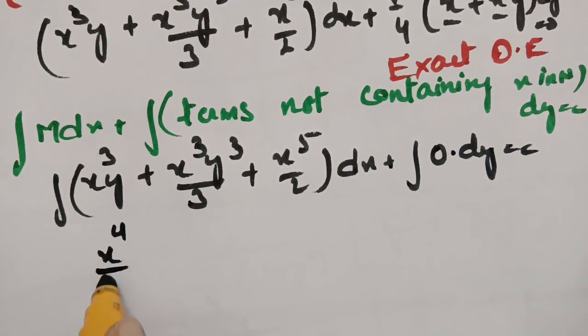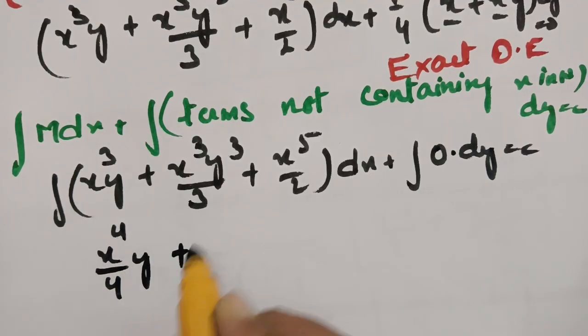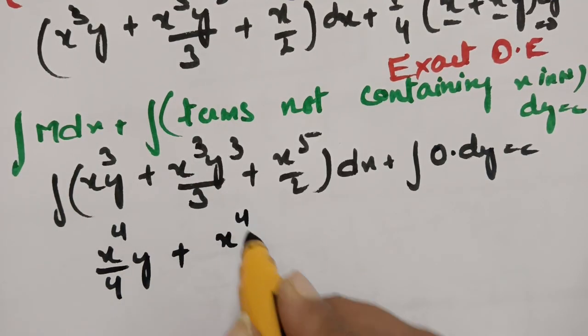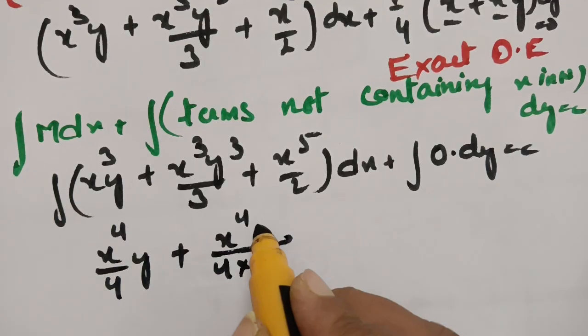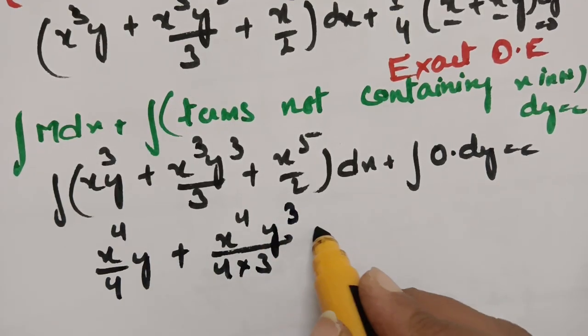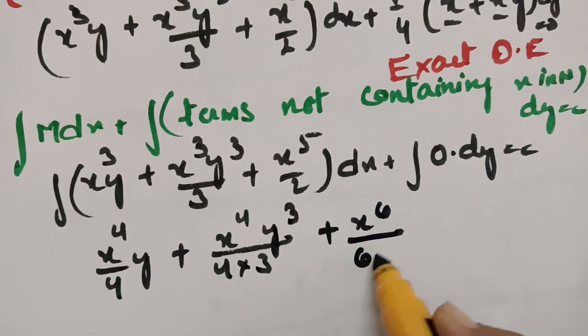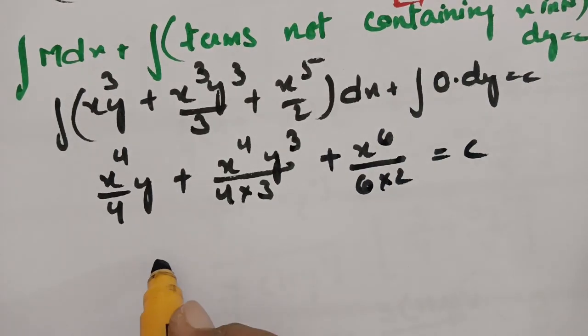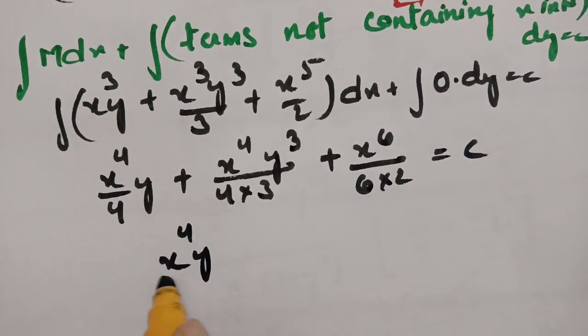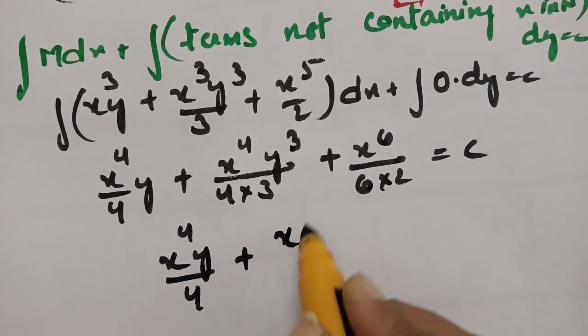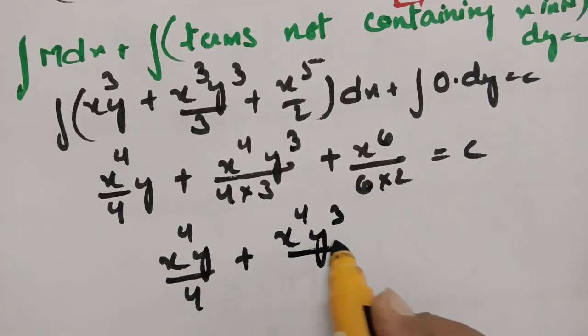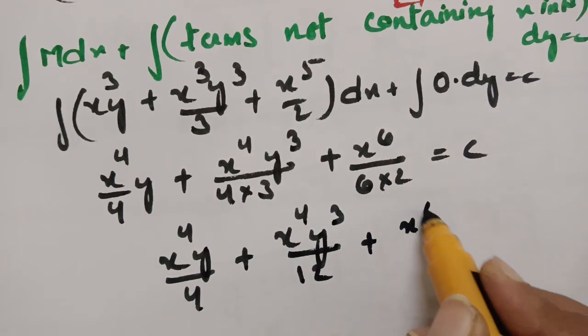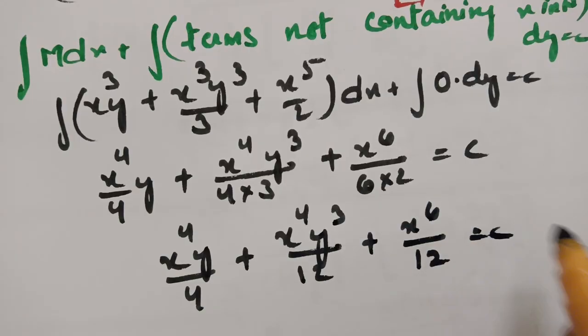So this value is x power 4 by 4 y, and this is nothing but x power 4 by 4 into 3. So this is y cube constant, and this value is x power 6 by 6. Already there is 2 here, which is equal to c. And see, this value is nothing but x power 4 by 4, and this value is x power 4 into y cube by 12, and this is x power 6 by 12, which is equal to c.